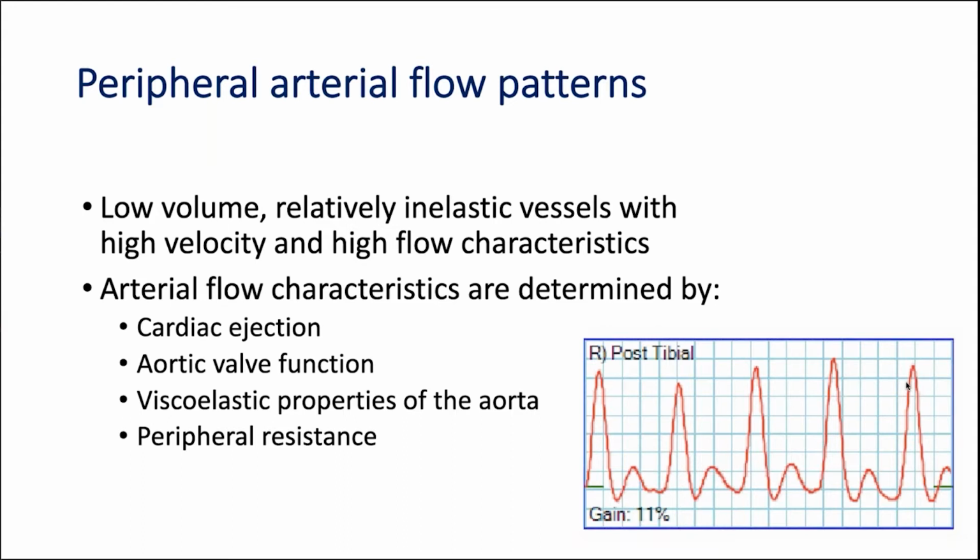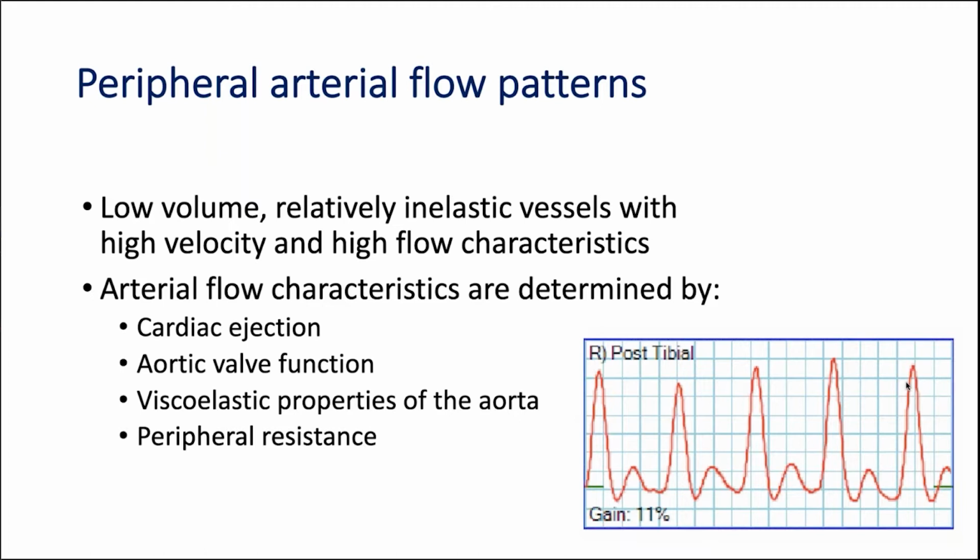And unlike veins, which are very compliant, arteries are relatively inelastic, with the exception of the thoracic aorta, which has a substantial elastin component, and its viscoelastic properties are actually very important in some of the things that we'll discuss in a few minutes. Flow characteristics in peripheral arteries are generally high velocity and high flow.